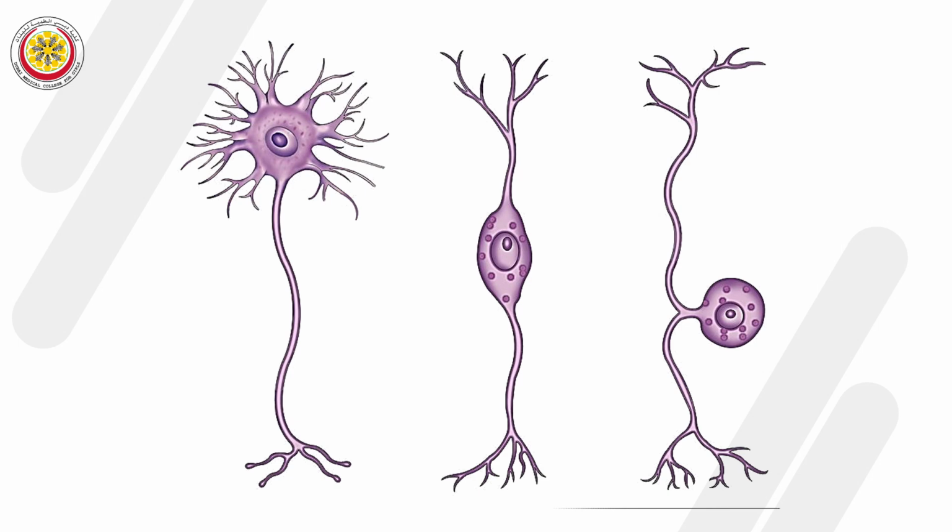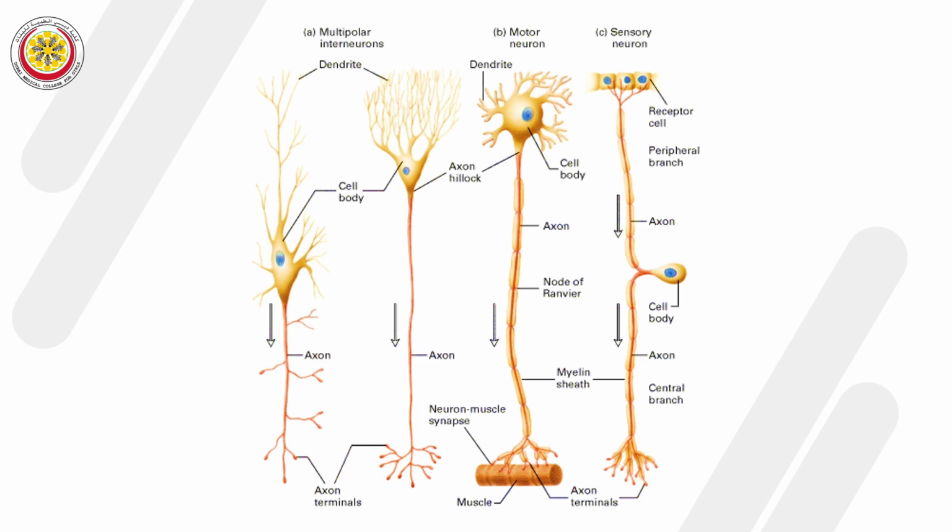These are the multipolar neurons, these are the bipolar, and these are the pseudo-unipolar. I just remind you that some of the books still mention unipolar neurons. But this is a pseudo-unipolar neuron, a sensory neuron, and they mention some unipolar neurons as being motor neurons found in the central nervous system.